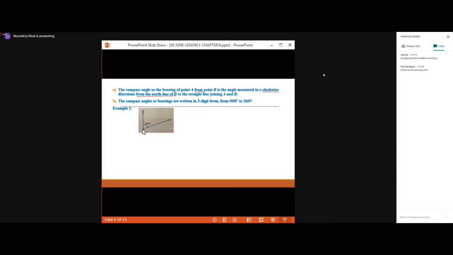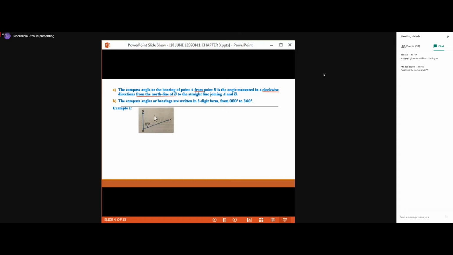So from point B, your north line, you move clockwise until you reach point A. Before you can reach point A, you need to connect point B to point A, so you get a line. So when you move from the north line at B, you move clockwise direction until you reach the line touching BA.